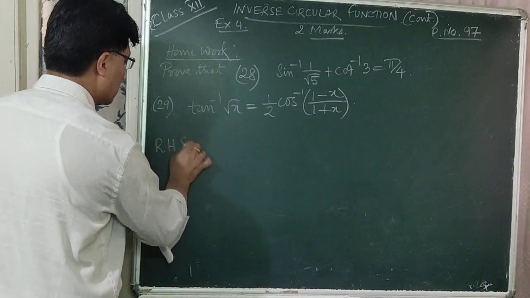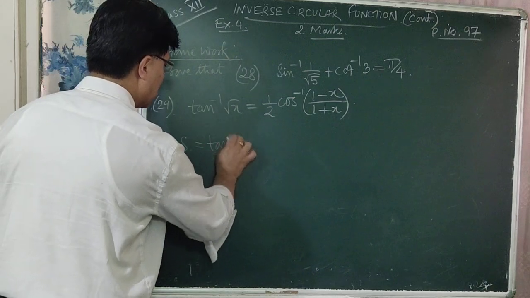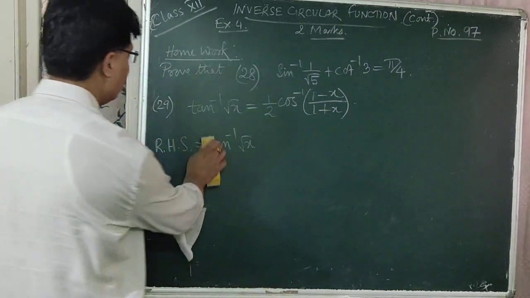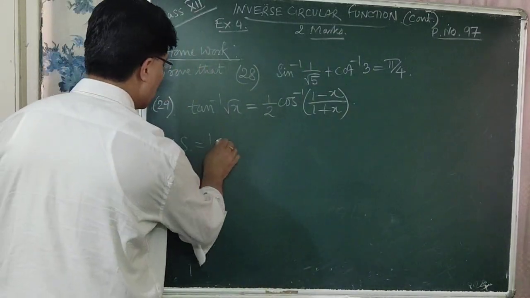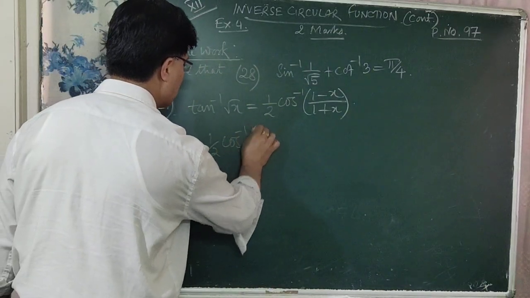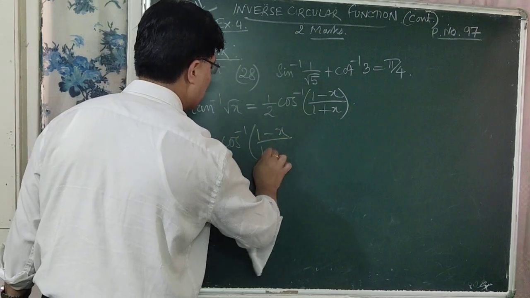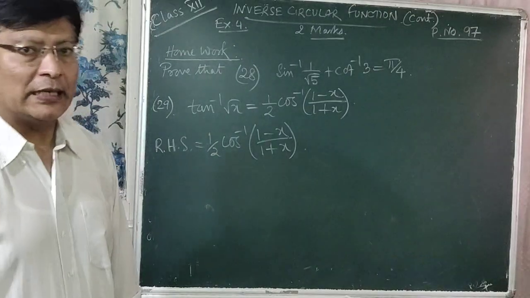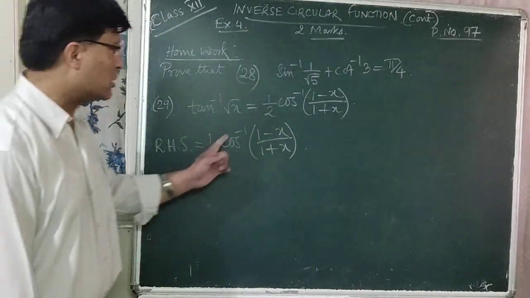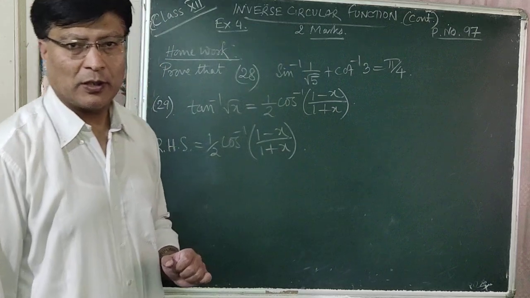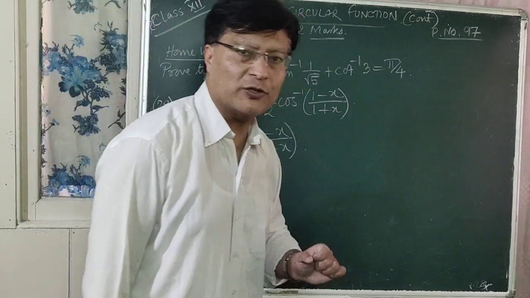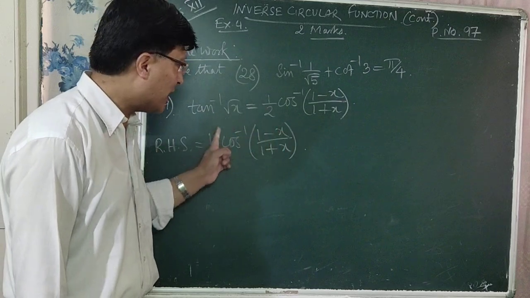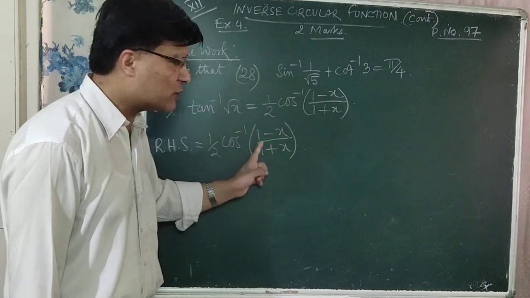So RHS is equal to half cos inverse of 1 minus x divided by 1 plus x. Okay, now we have to do the trigonometric substitution for x here.